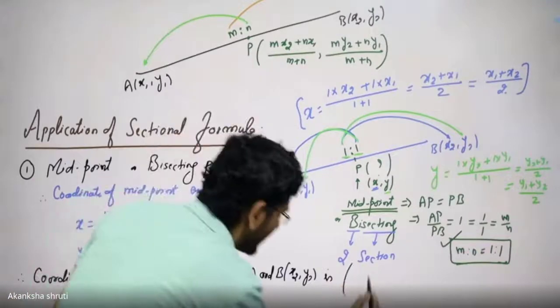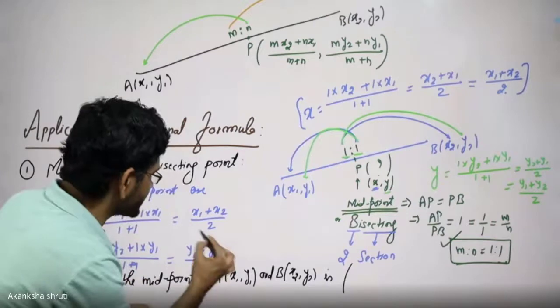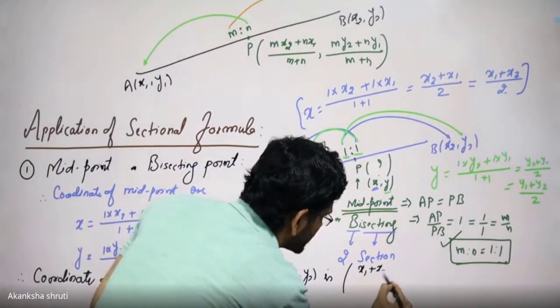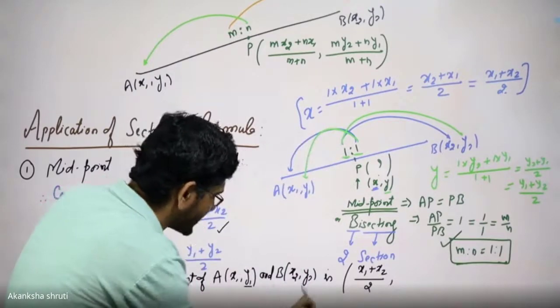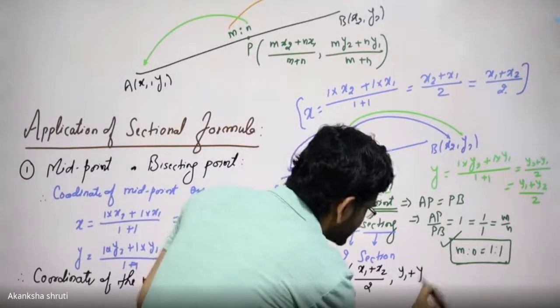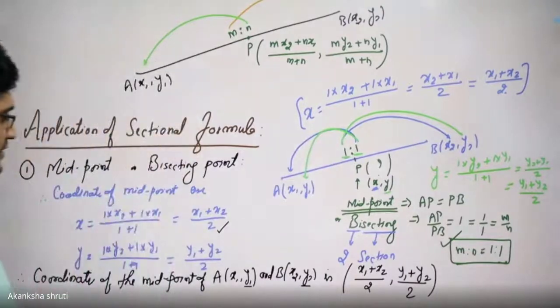How is it obtained? Just add their x coordinates, divide by 2: x1 plus x2 divided by 2. And add their y coordinates, divide by 2: y1 plus y2 by 2. So this is the first application, which is very important.